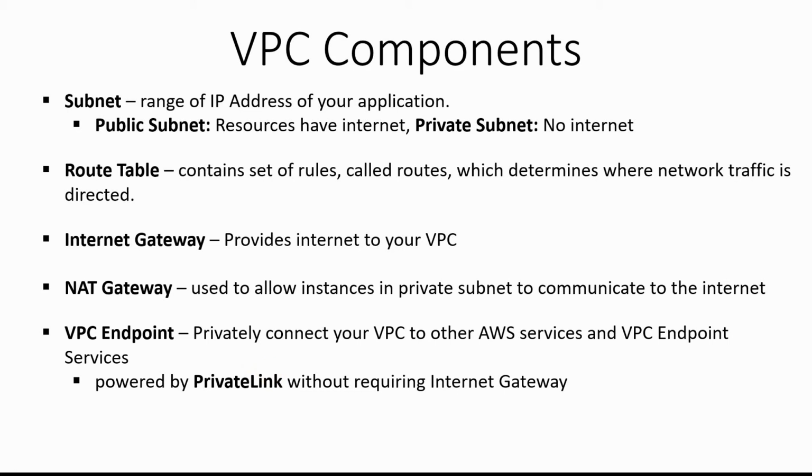That was their goal. The idea is that if internet is there, it is prone to security issues, but if all the products can communicate with each other without an internet gateway, it is more secure. So VPC endpoint is meant for that scenario.